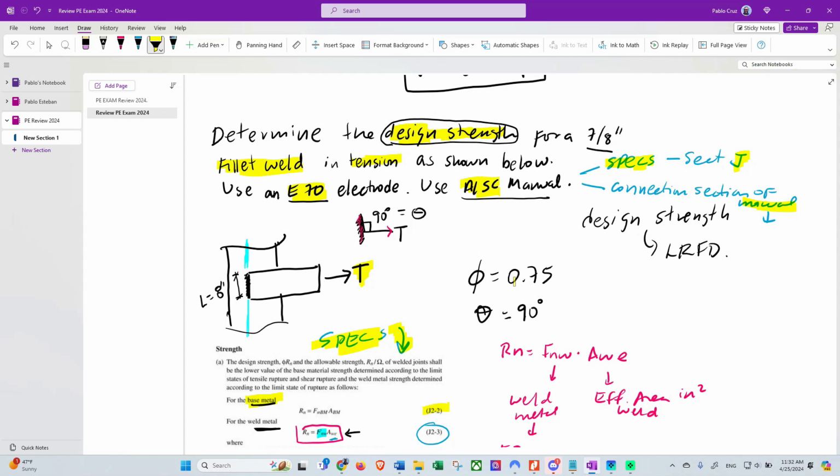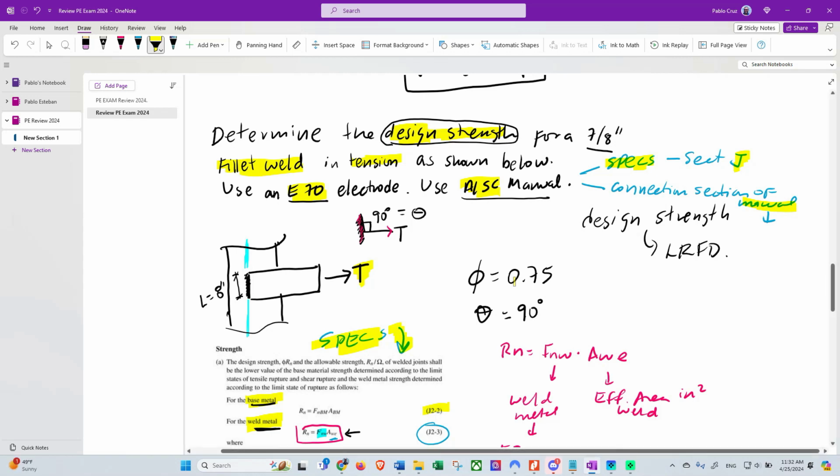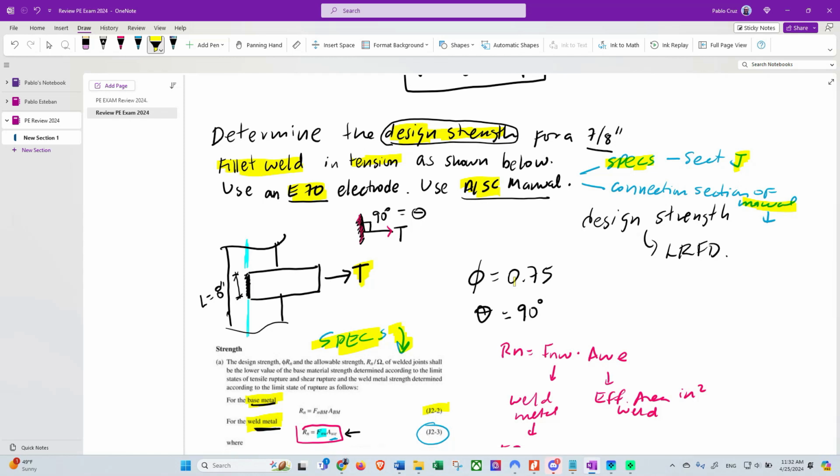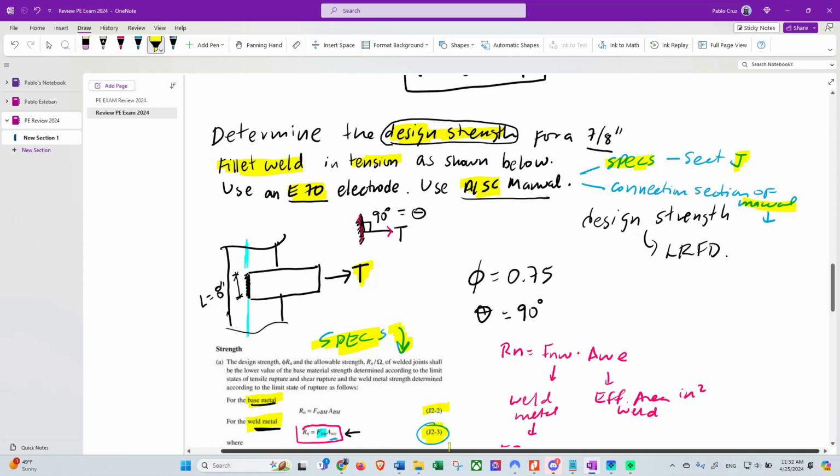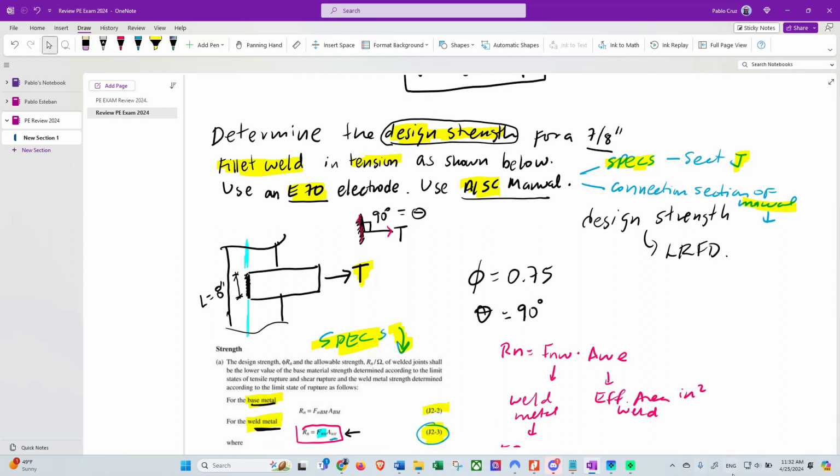The other part of the joint, let's say, is the weld metal, the welding material. About this we know it is E70, right? So this is considered in equation J2-3 from the specs.